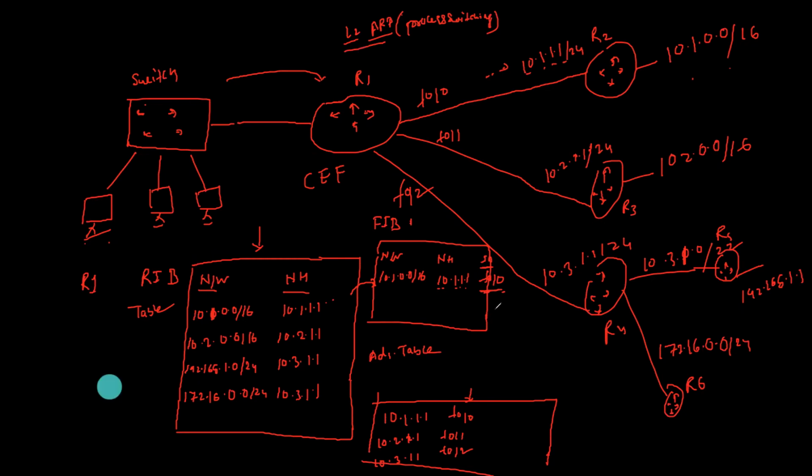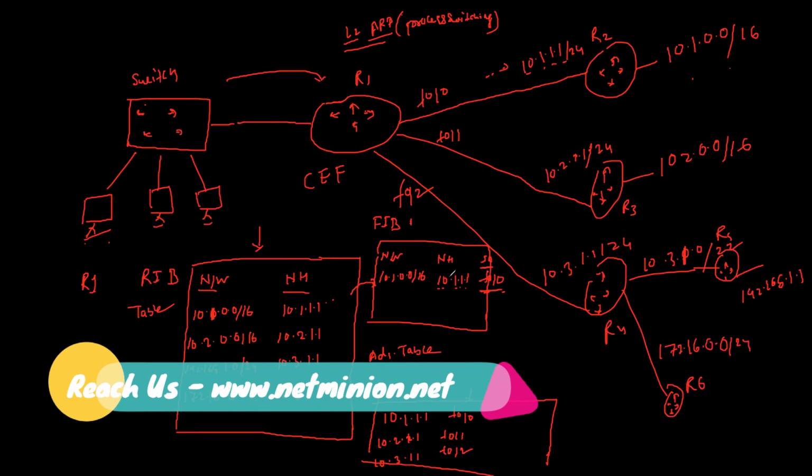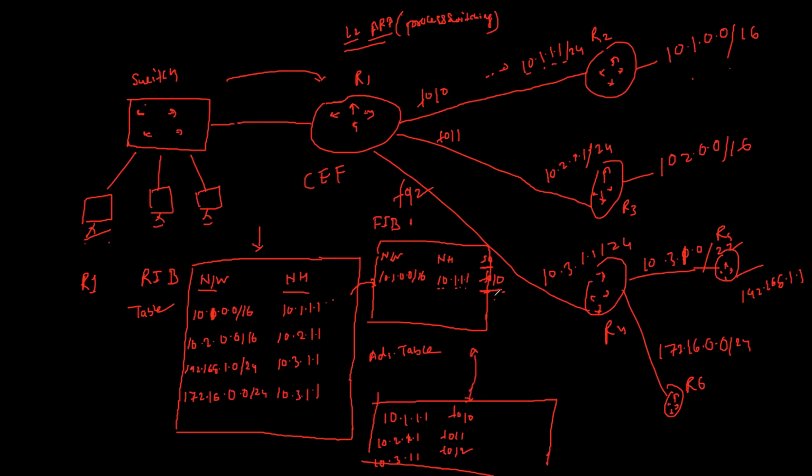How is it getting this information? With the help of the adjacency table. That interface information it is getting from the adjacency table, because it knows that for this next hop, this is the interface. Got my point? So in the FIB, there would be additional information about the path, about the interface that would be used for the next hop.